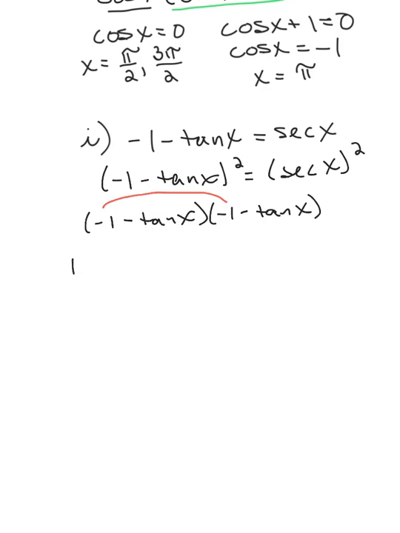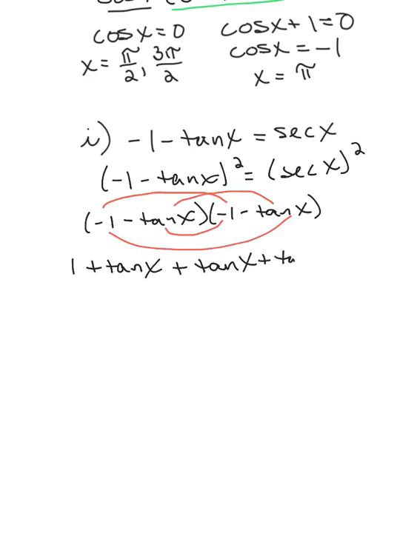If I take my outsides times each other, I will get positive tangent of x. If I take my insides times each other, I get another positive tangent x. And then if I take the last times the last, I get a positive tangent squared x.